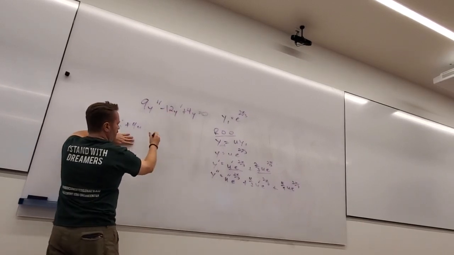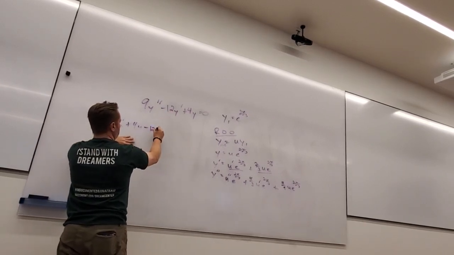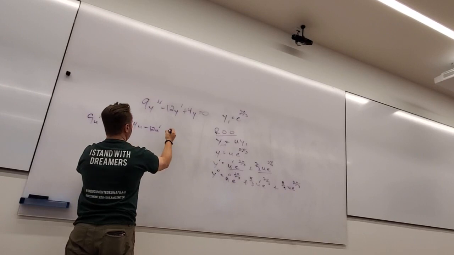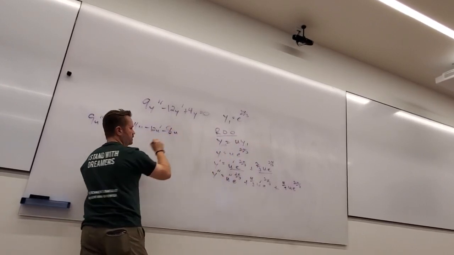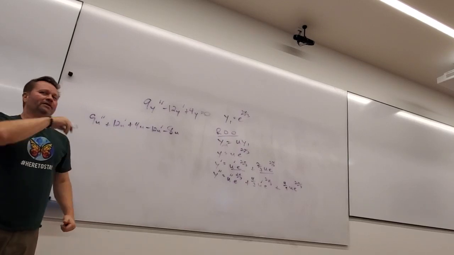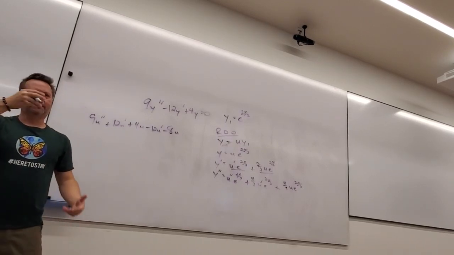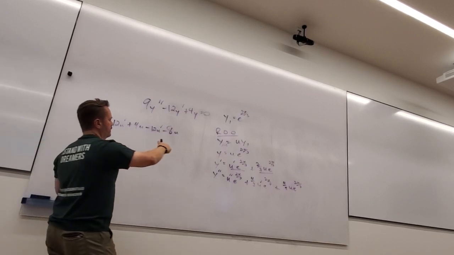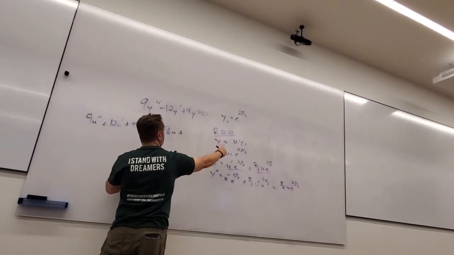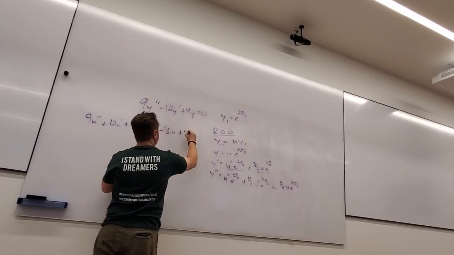Minus 12 times y prime, so I get minus 12 u prime minus 8 u. Is that cool? And then I get plus 4 u, because I'm not going to write this guy.